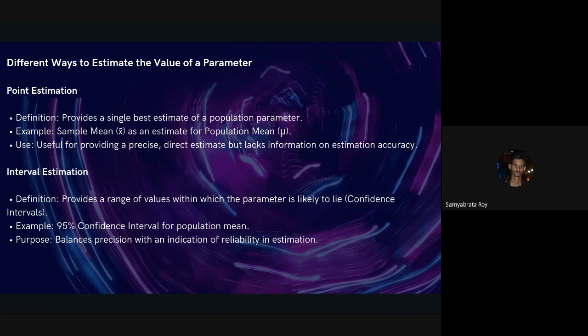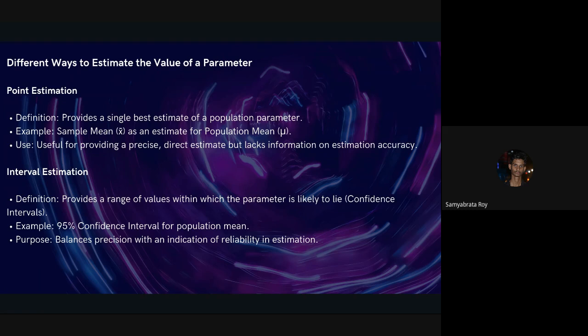For example, if a population is following a normal distribution, and we have drawn a sample which is also following a normal distribution, we can easily tell that the population mean is properly represented by the sample mean only. So the sample mean is an unbiased estimator for the population mean.